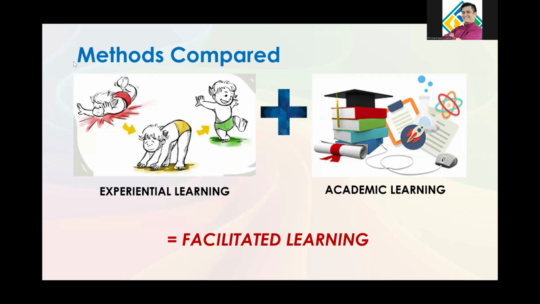If they had learned that there was something wrong with that particular car, not all brands of that car, then they will know, okay, actually I made a mistake. I should have read the reviews. So facilitated learning is mixing the best of experiential learning and academic learning.